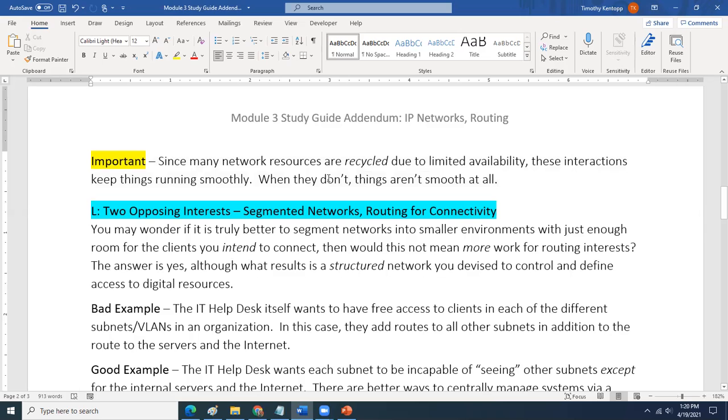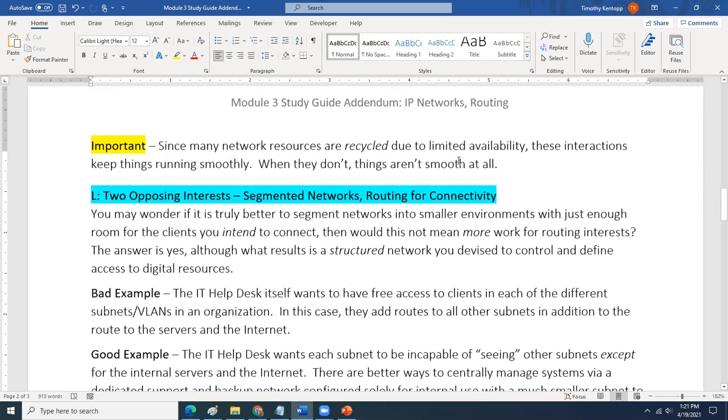And when they don't run smoothly, things are not smooth at all. So if you are in a network environment where things are disruptive and connections are dropping, it could be that there's an identical IP address that's active in the neighborhood. The IP addresses were not recycled properly.